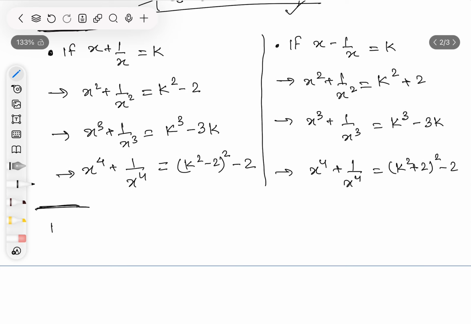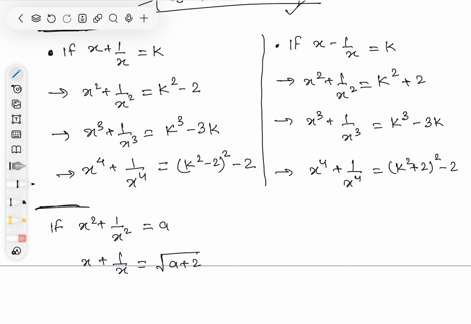So let's say if x square plus 1 by x square is already given as a, in that case x plus 1 by x can be written as root of a plus 2, and x minus 1 by x can be written as root of a minus 2.